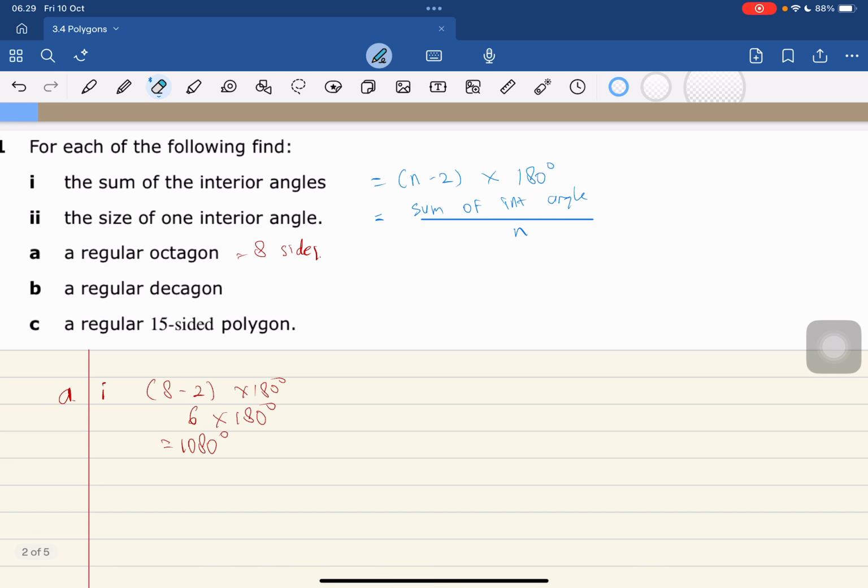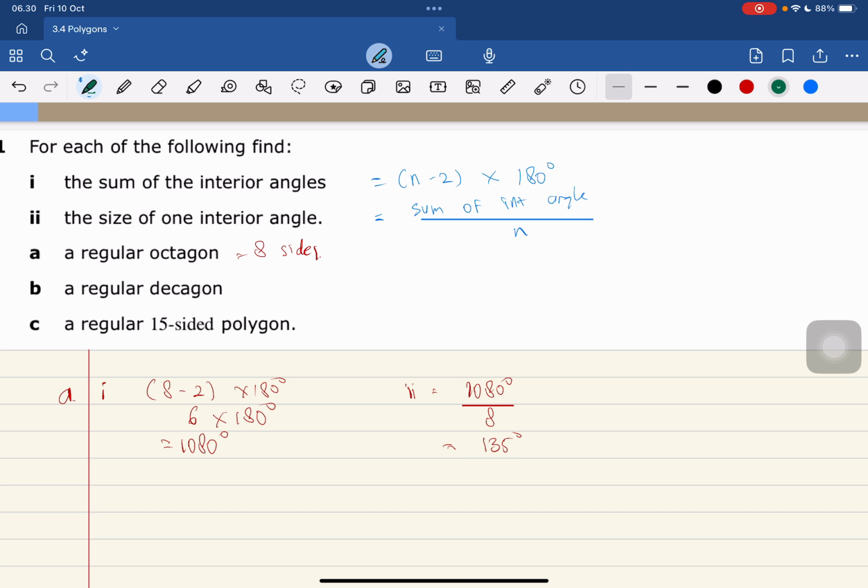How about the size of one interior angle? The sum is 1080 degrees. We divide by how many sides there are, which is 8. So one interior angle is equal to 135 degrees.